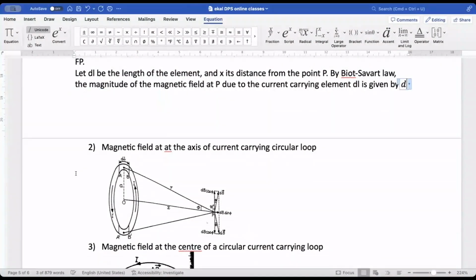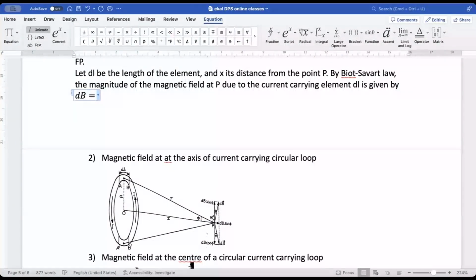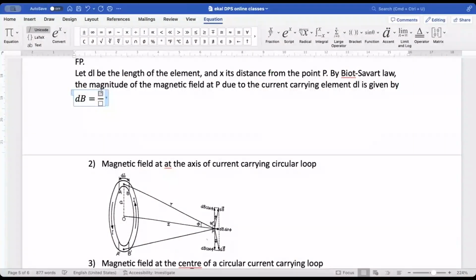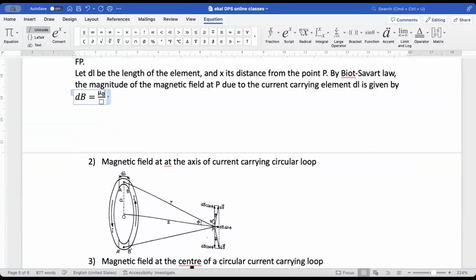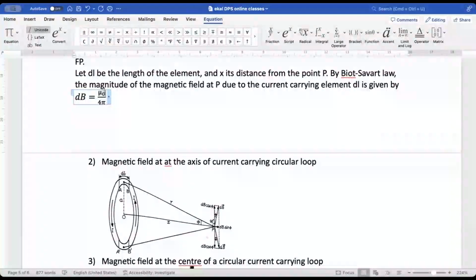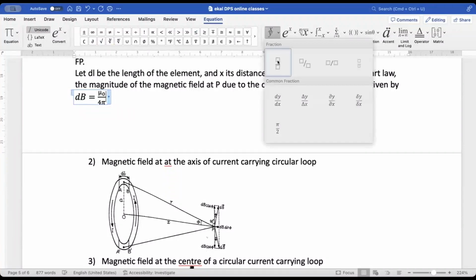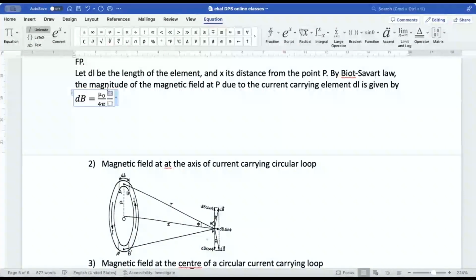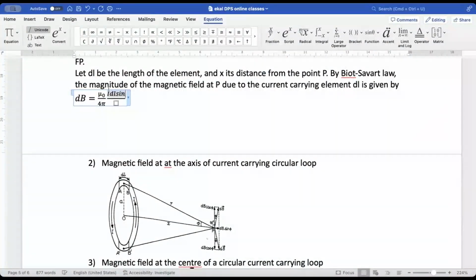So this is dB equals mu naught by 4 pi, I dl sin theta by x square. So this is x square, right?